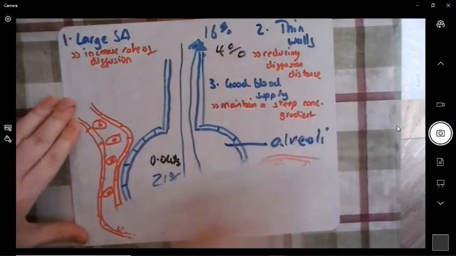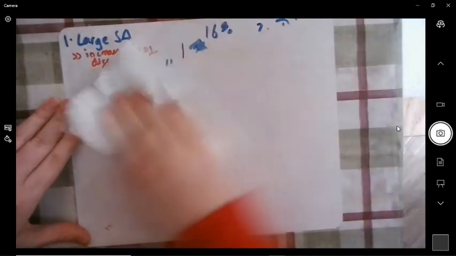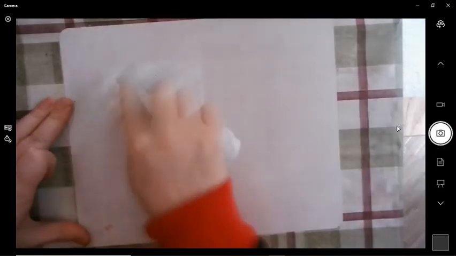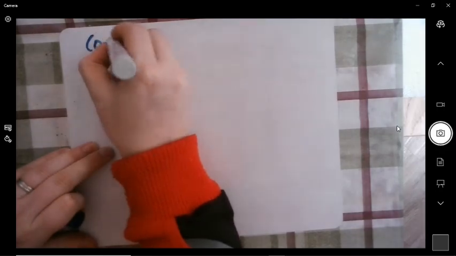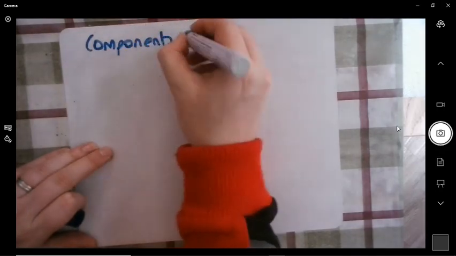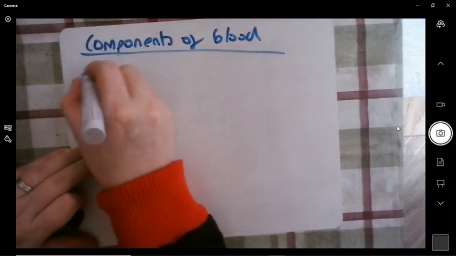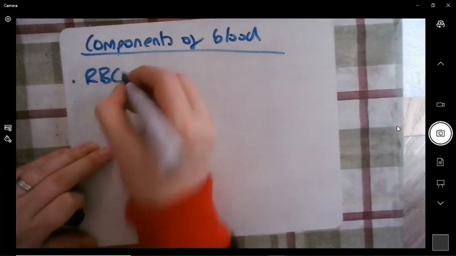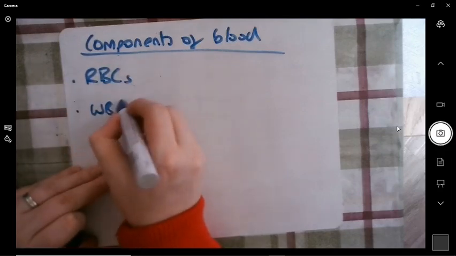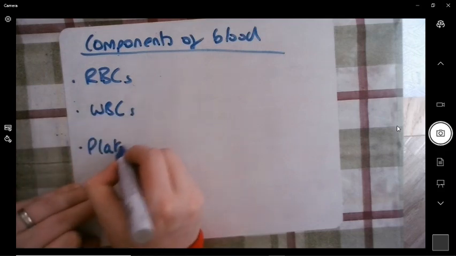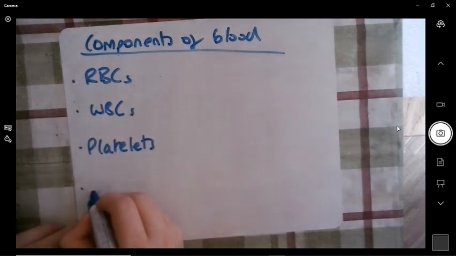Okay. So next up, let's look at blood in a bit more detail. So the components of blood: you've got your red blood cells, you've got your white blood cells, you've got your platelets, and you've got your blood plasma.